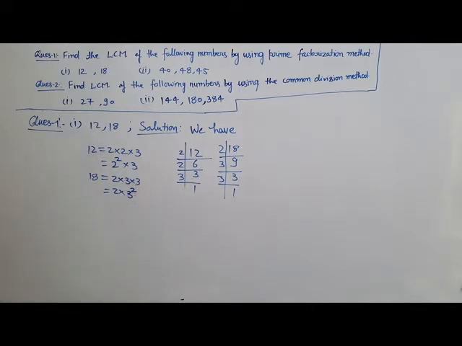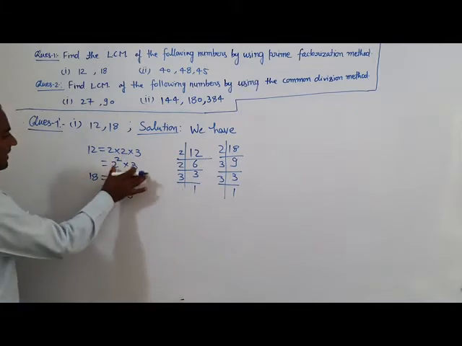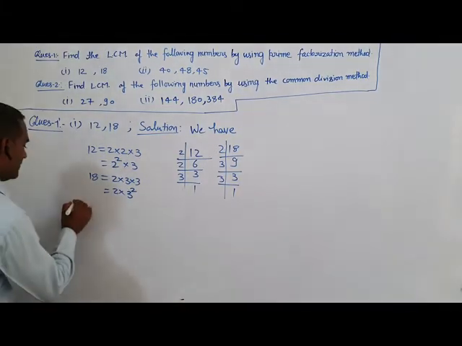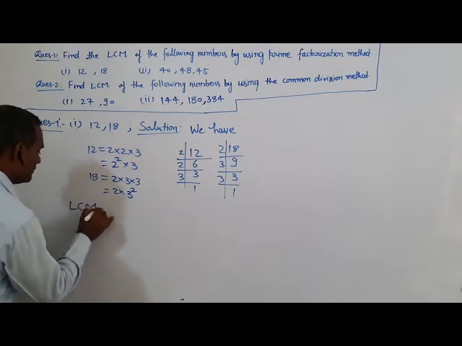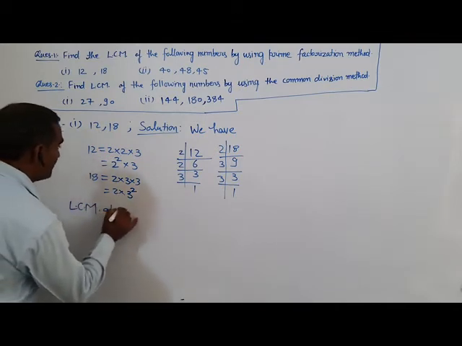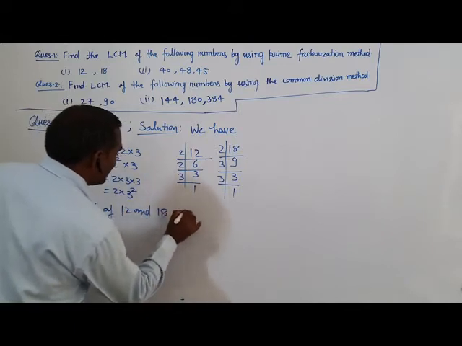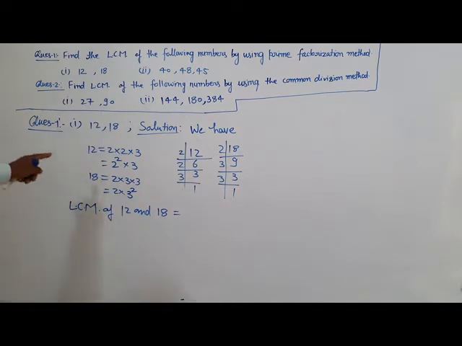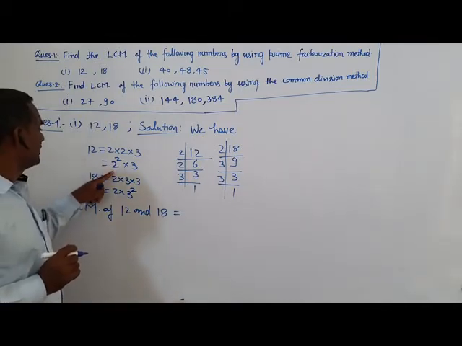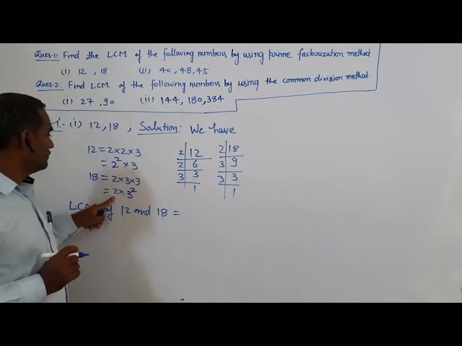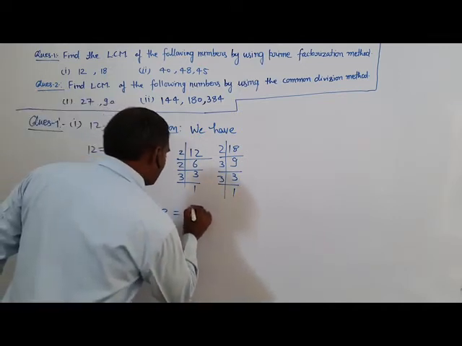Now, to find the LCM, take the product of each prime factor with its highest power. LCM of 12 and 18: in the first, 2 raised to power 2, and in the second, 2 raised to power 1.